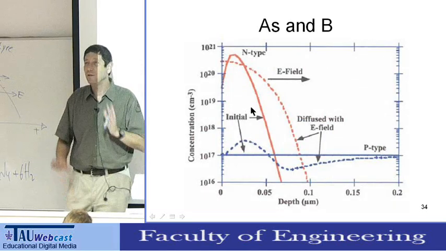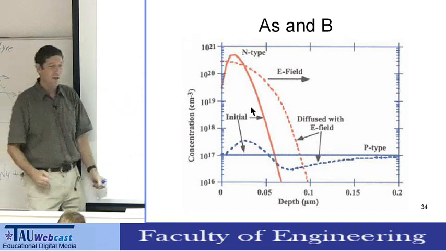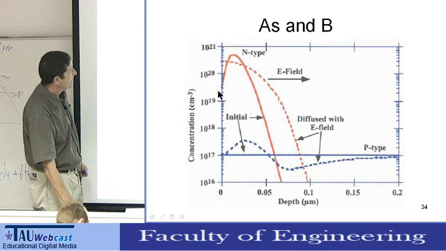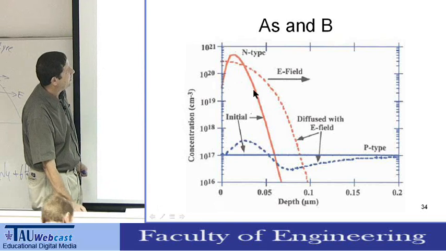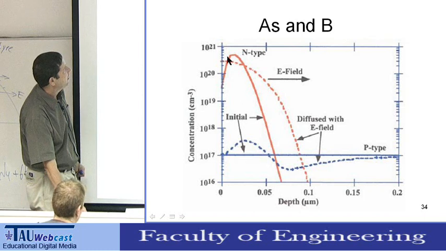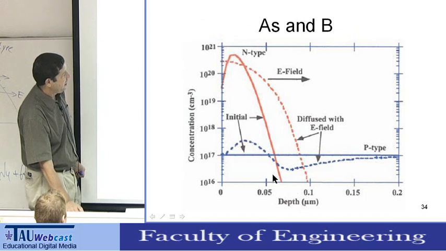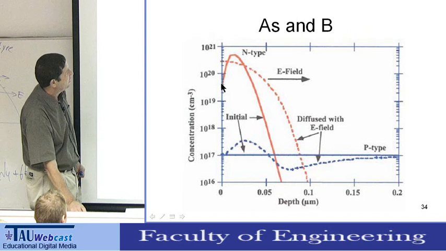Now let's give you some practical examples, and let's try to solve a practical situation. Let's say this is an N-type dopant. This is arsenic dopant, and this is the initial concentration. It's very high here, about 5 times 10 to the 20. And this is after ion implantation.